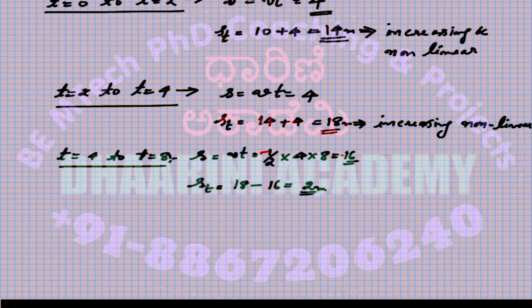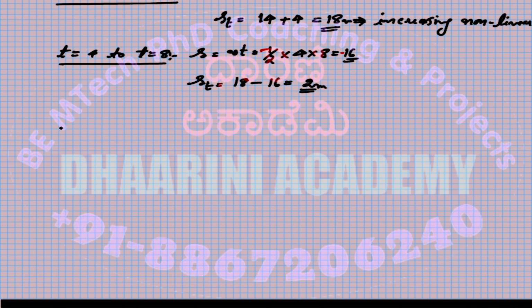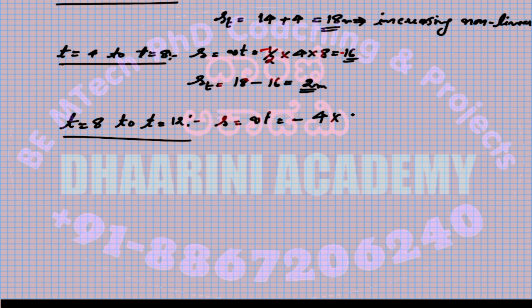So this is between t equal to 8 to t equal to 12. So S is equal to V into T, but this area is negative, that's why this is minus 4 into 8. That is minus 32 meters it's going to travel.